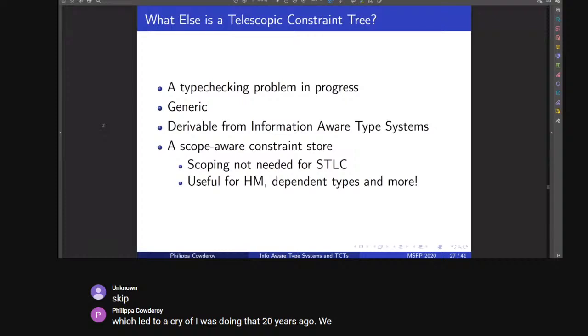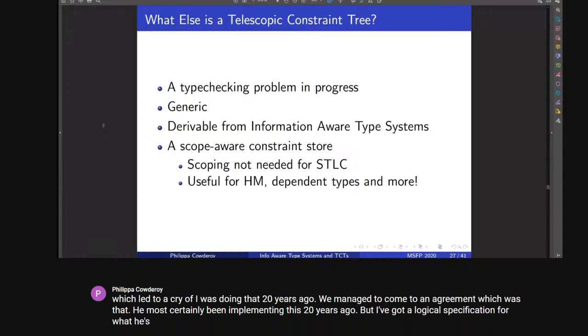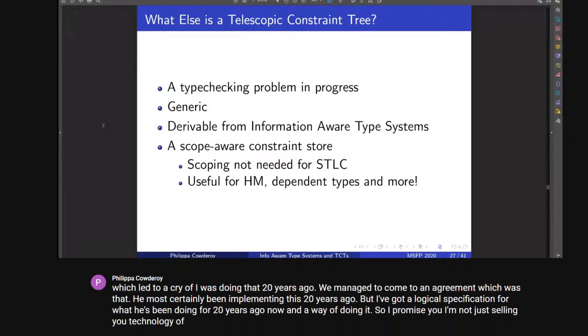We managed to come to an agreement, which was that he had most certainly been implementing this 20 years ago, but I'd got a logical specification for what he'd been doing for 20 years ago now, and a way of deriving it. So I promise you I'm not just selling you the technology of 20 years ago today.